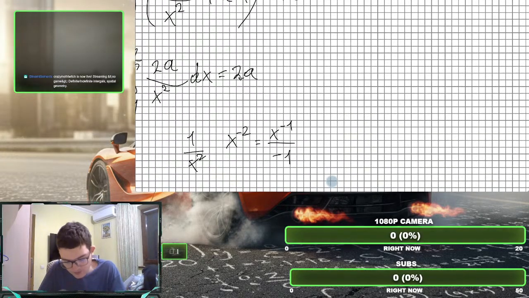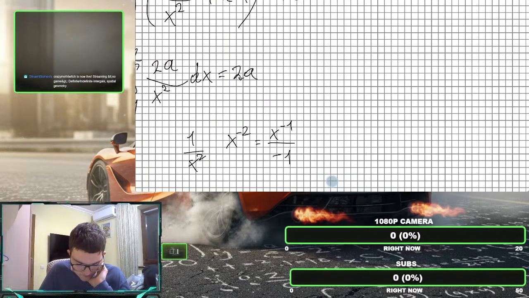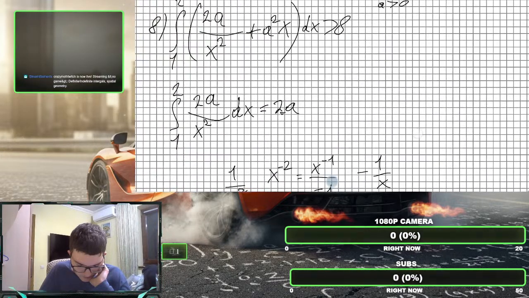So it will be minus 1 divided by x, right? So basically it's multiplied with minus 1 divided by x dx, and yeah, now we got that.